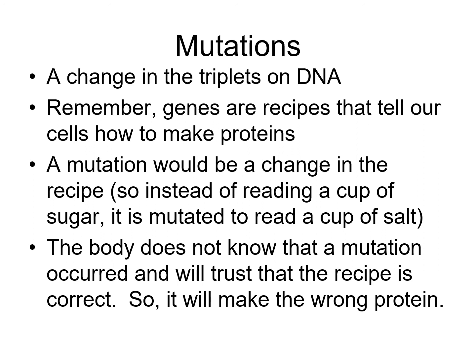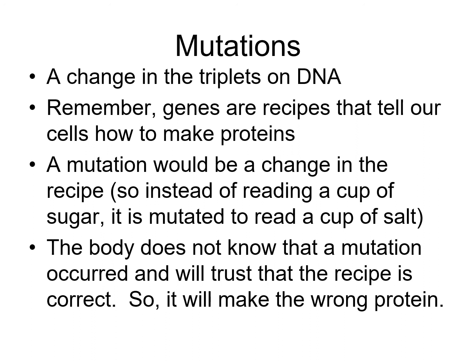When a mutation occurs, your body has no way of knowing that this recipe has been messed up. Now, in our bodies, there are two types of mutations you can have. You can have what's called a gene mutation, or you can have a chromosome mutation. And later on, we'll talk about the difference between genes and chromosomes. But a gene is just one recipe. So if you have something called a gene mutation, just one recipe in that entire cookbook is messed up.